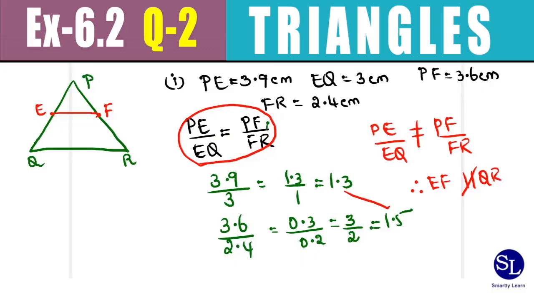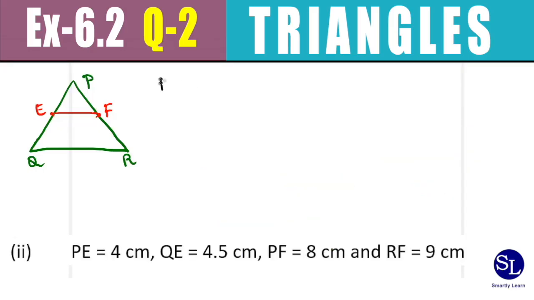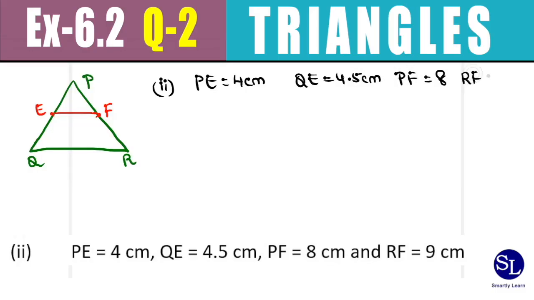In the next subdivision, let's take the next set of values. So let us take the second subdivision. Here PE is given as 4 centimeters, QE is given as 4.5 centimeters, PF is given as 8 centimeters, and RF is given as 9 centimeters.